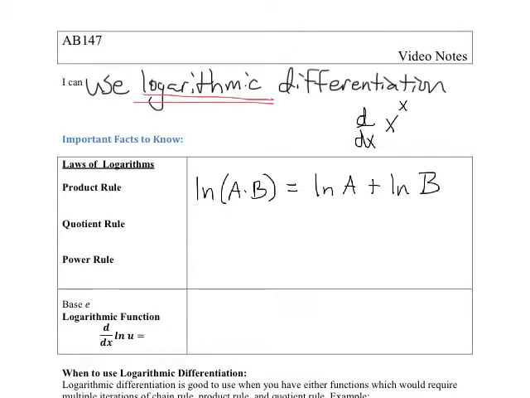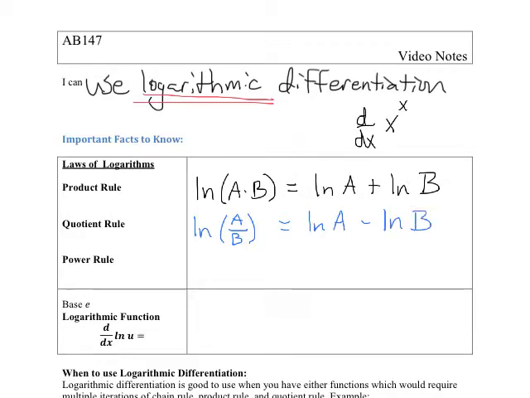Of course this would work for any logarithm base, but for logarithmic differentiation we tend to stick to the natural log base. Our quotient rule says that if I take the natural log of a over b, then that is equal to the natural log of a minus the natural log of b.